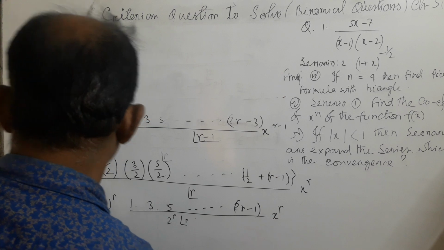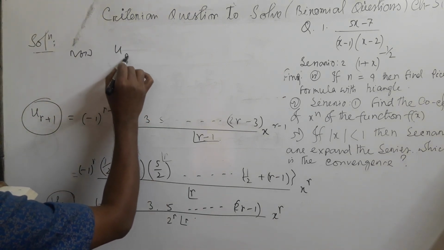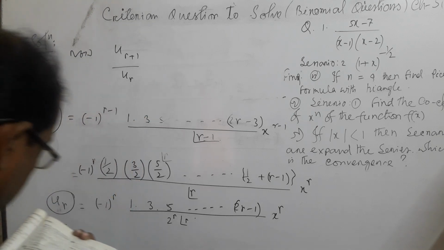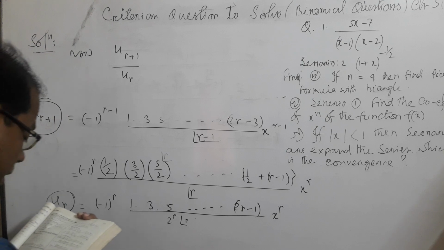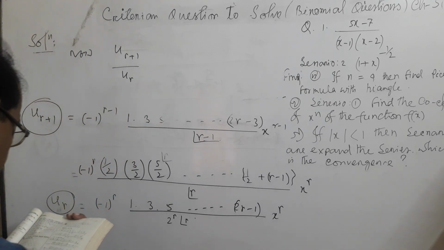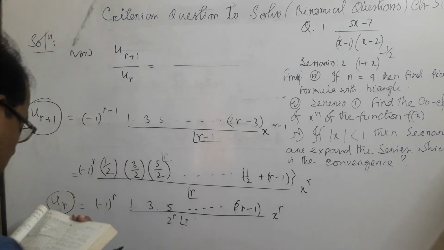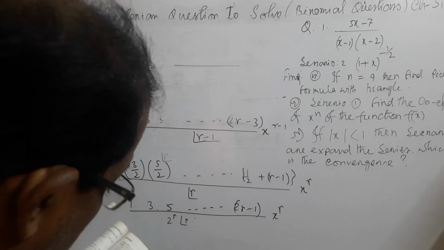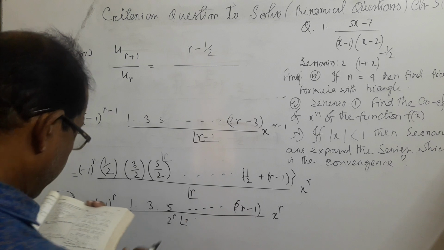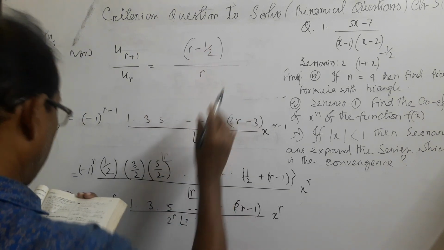Well, now u r plus 1 divided by u r. That's why, r minus half divided by factorial r is a calculation.